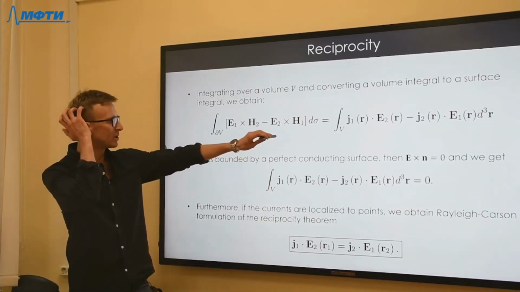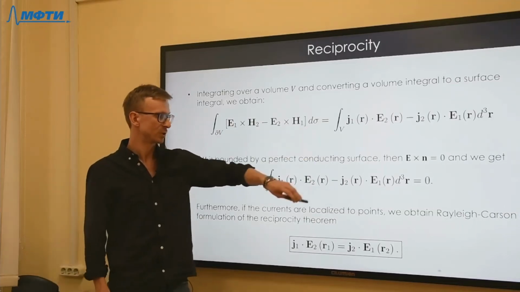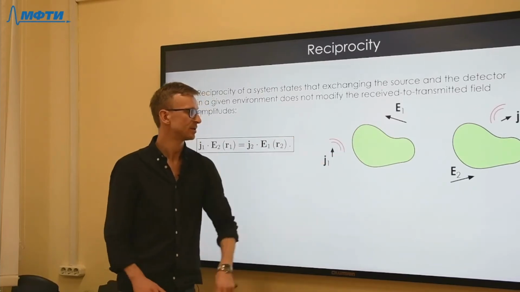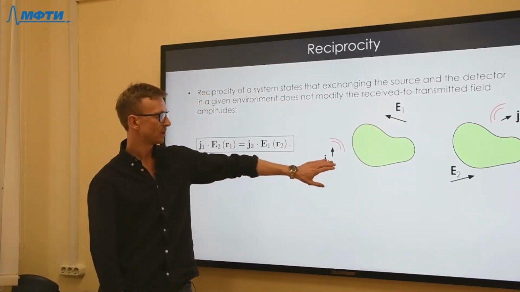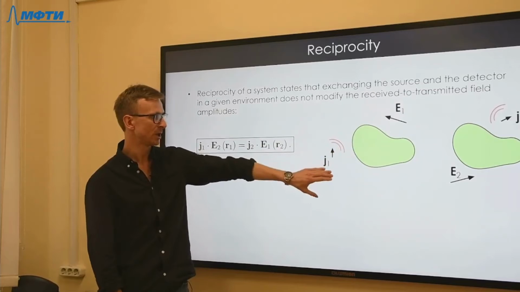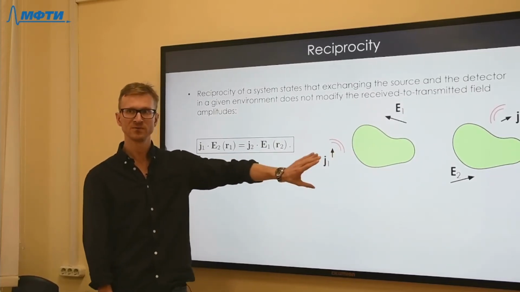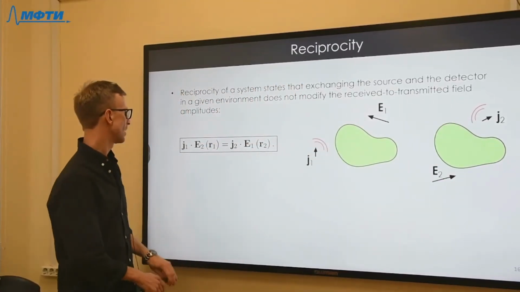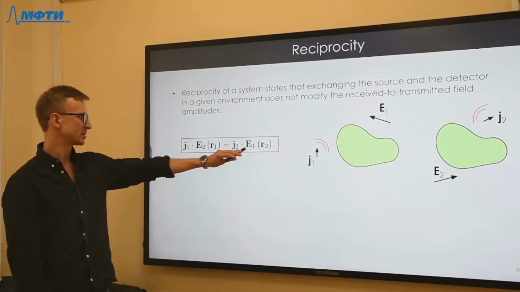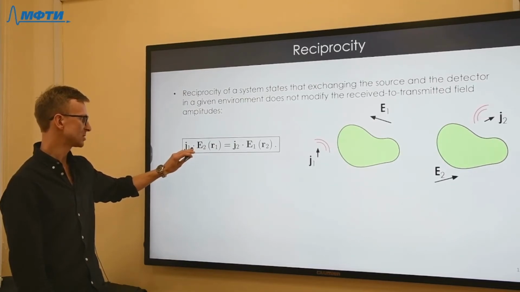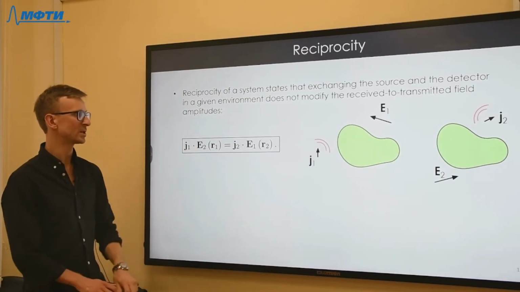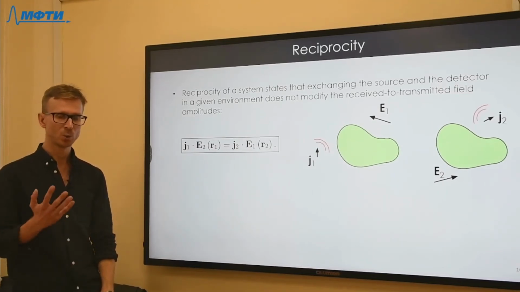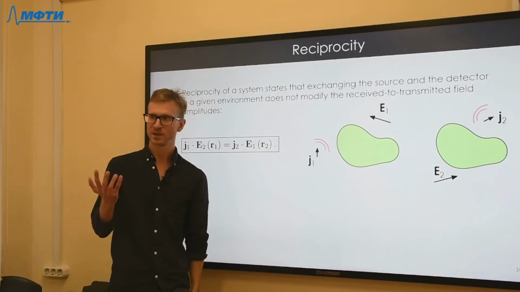So there is a simple graphical way to visualize this reciprocity property, and it is this. We have the same structure in both cases, but we have two different current densities and different fields produced by these currents. We have J1 and we have J2, and if we calculate these quantities on the left-hand side and on the right-hand side, they must be equal as long as the system is reciprocal, which implies, remember, three things.